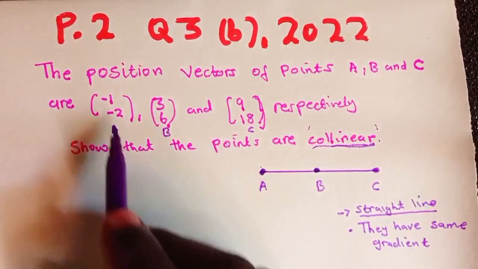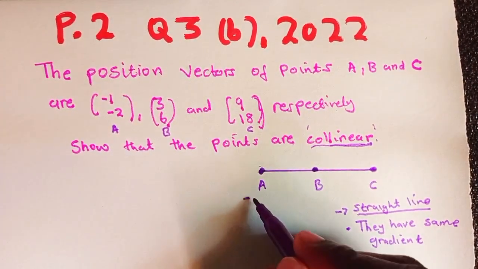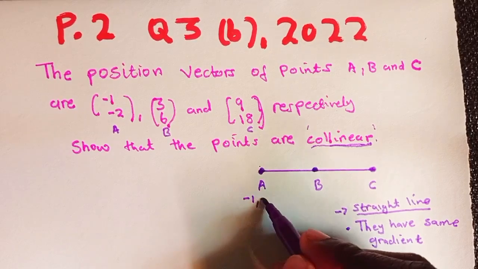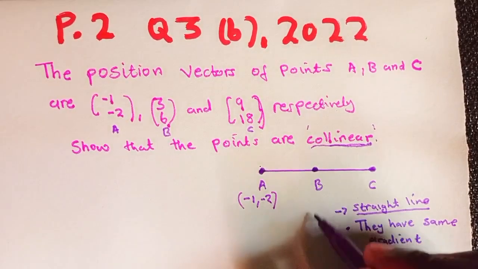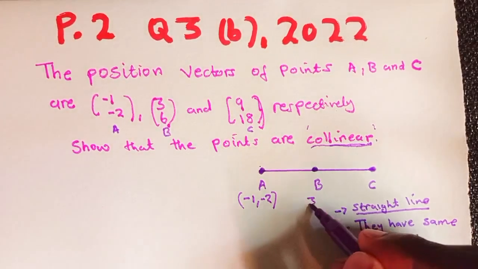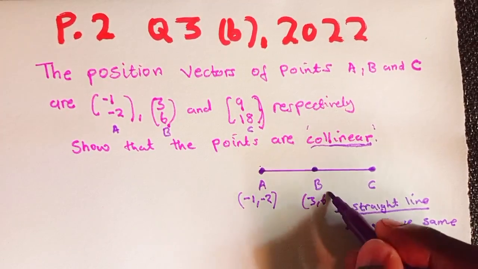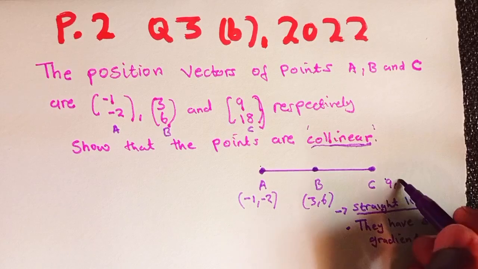So if we were to write this in coordinate form, this is going to be A(-1, -2). Also, we can also say B is (3, 6). Then this one, C, is (9, 18).